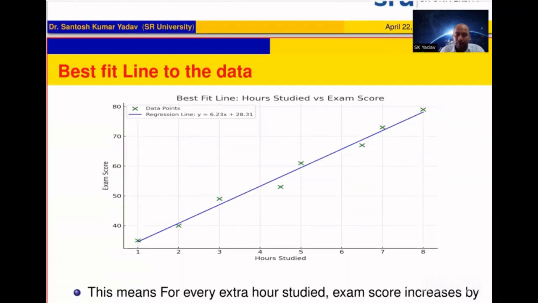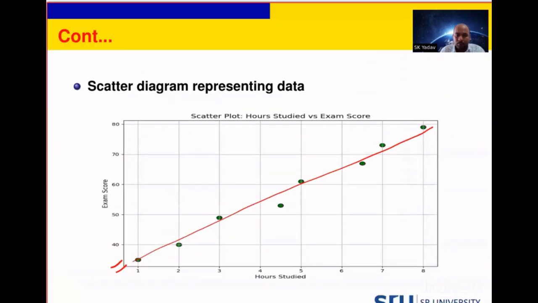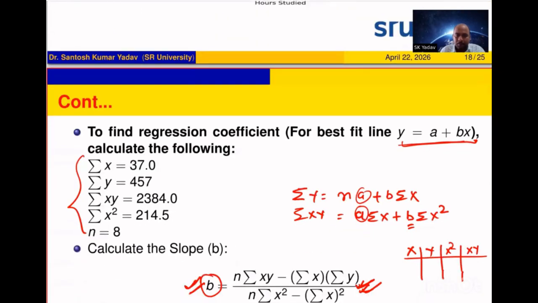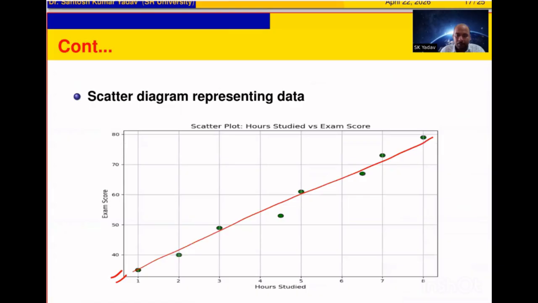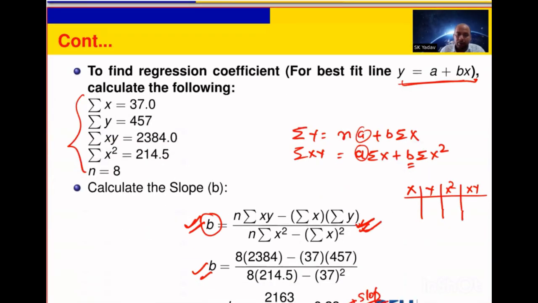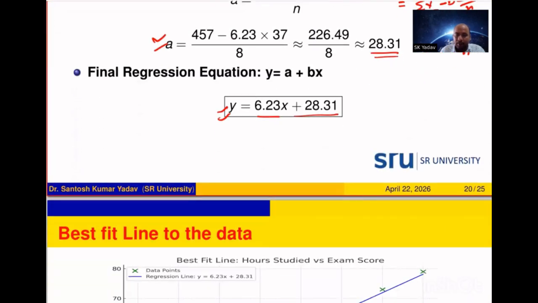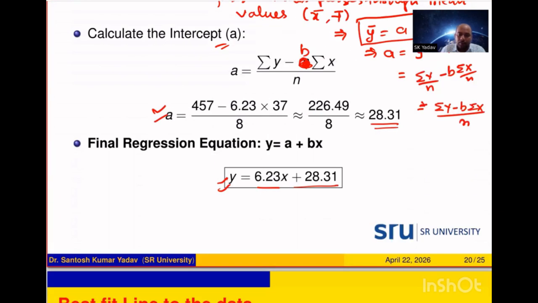Now suppose I want to compute the value up to 8. If I want the predicted value of y at x equal to 10, I can find y equal to 6.23 times 10 plus 28.31.